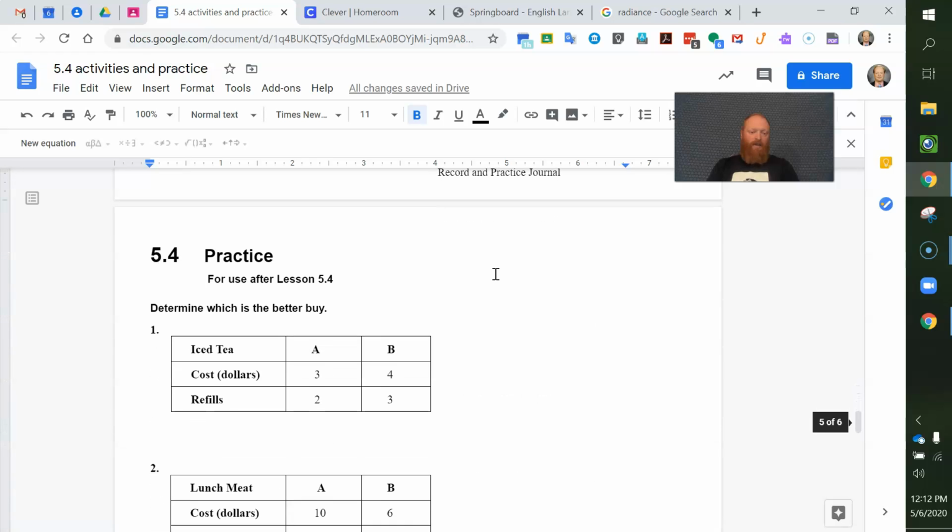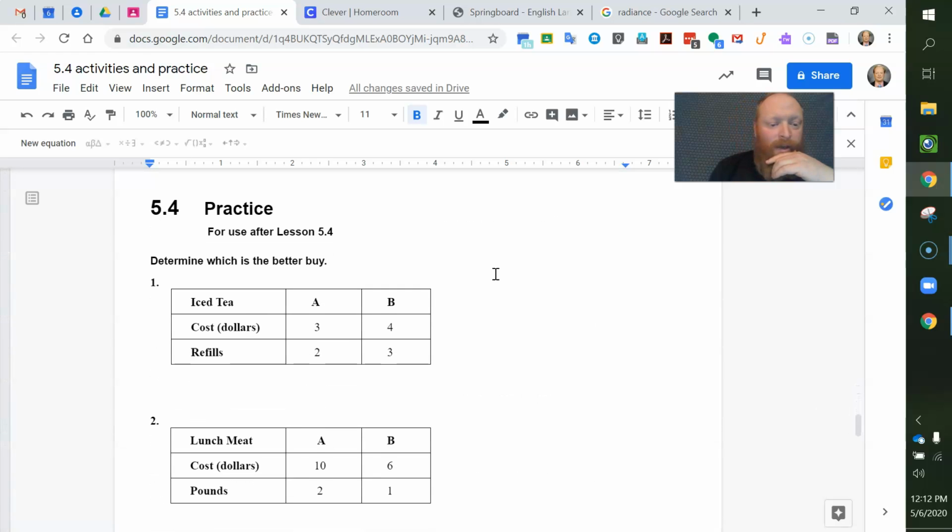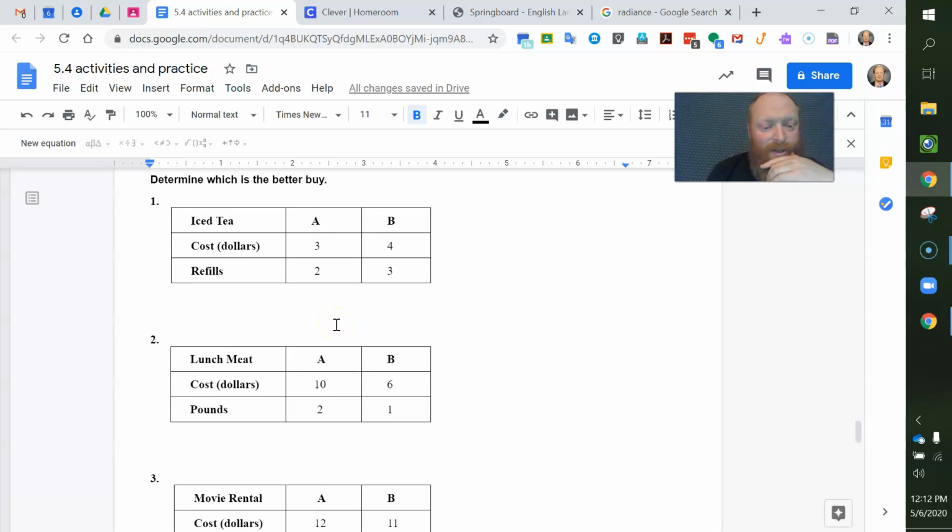Okay. Practice. So determine which is a better buy. Iced tea refills. So A is equal to 3 divided by 2, which is equal to 1.5. Not 1 divided by 5, 1.5.